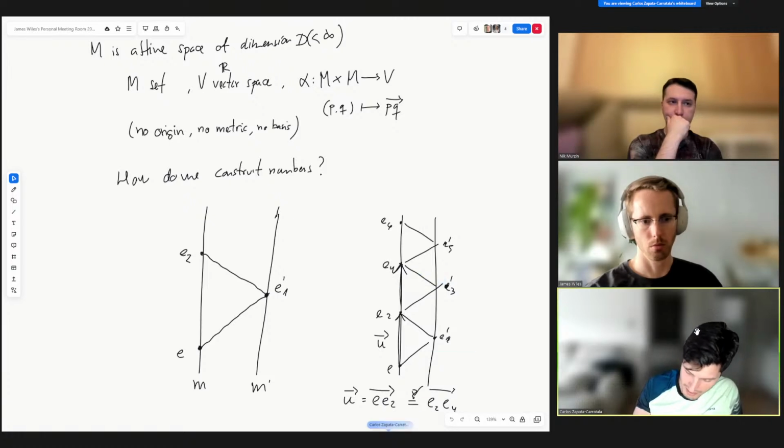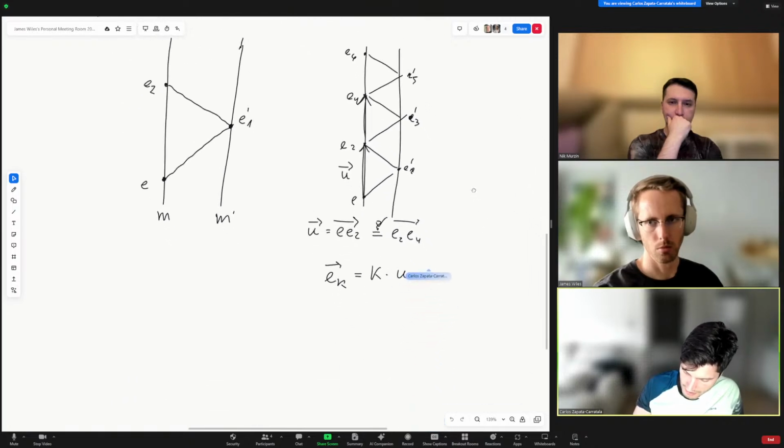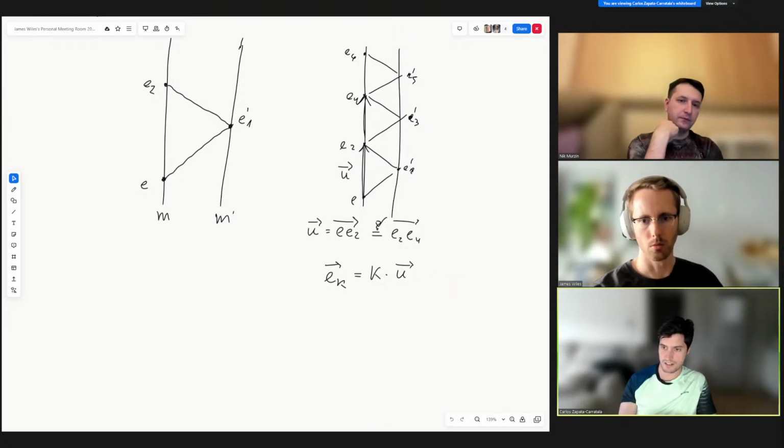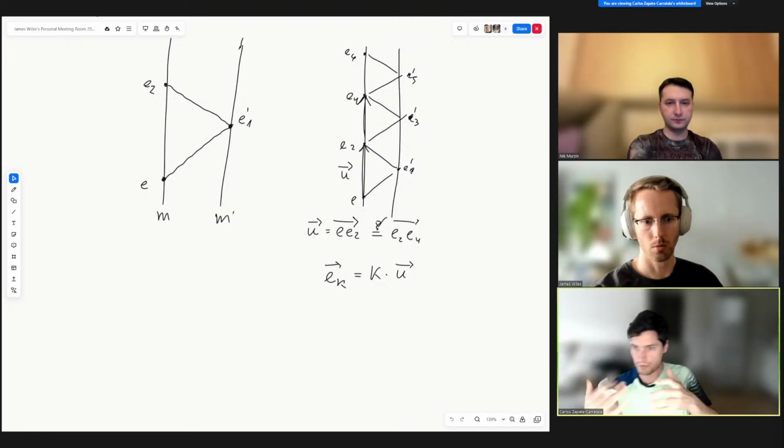You can basically say that some future Ek equals some integer times the base U, some kind of unit vector that you're arbitrarily defining, simply as the idea that I send a signal, I bounce it back. It's basically the same as you were saying earlier with the signals. It's a very similar idea. But here we exploit the structure of affine space to make this kind of construction.